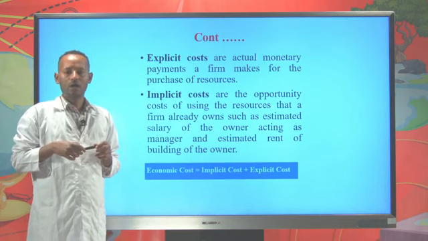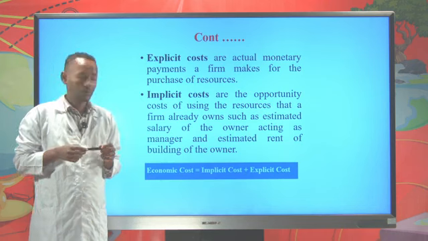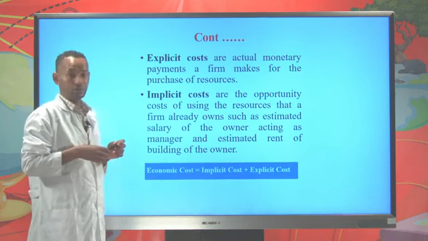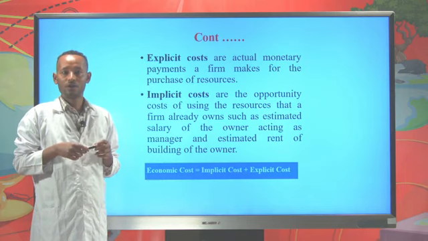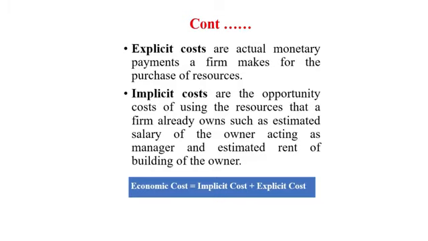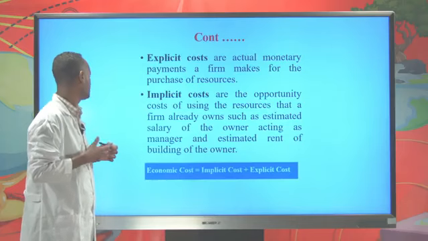Salary of the owner acting as a manager is also considered as implicit cost. Many business owners in Ethiopia engage in production by using their own skill. So the estimated salary of the owner acting as a manager is considered as implicit cost.